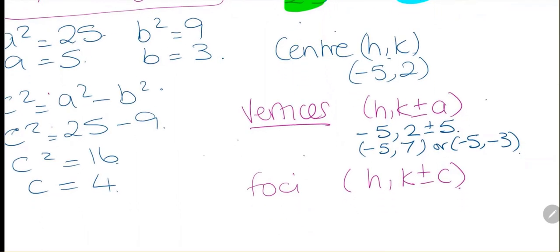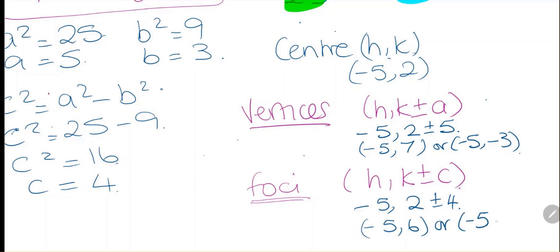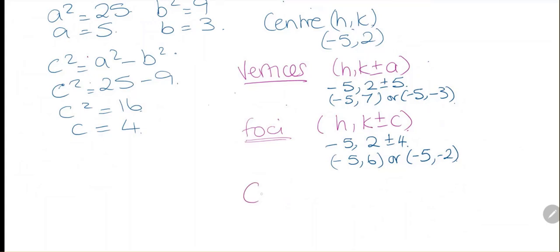And then to find the foci, our h is going to be minus 5, k is 2, and our c value is 4, so it's plus or minus 4. So we'll have minus 5, 6, or minus 5, minus 2. And we need to find the co-vertices. So to find the co-vertices, we're going to use h plus or minus b, k.